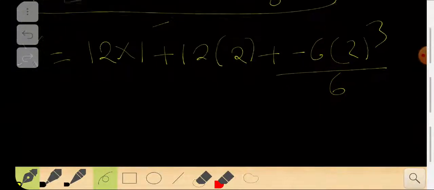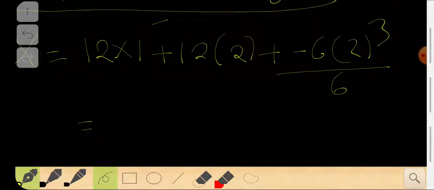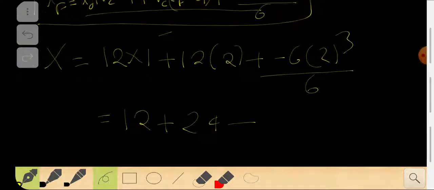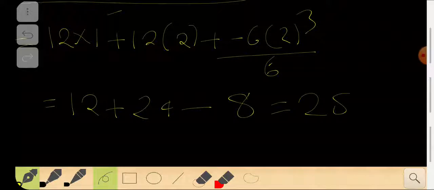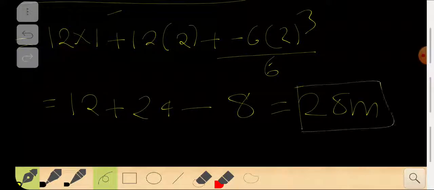You can simplify that and you get 12 plus 24 minus 6 and 6 cancel, so there is an 8. So the answer will be 28 meters. So the car is going to travel 28 meters.